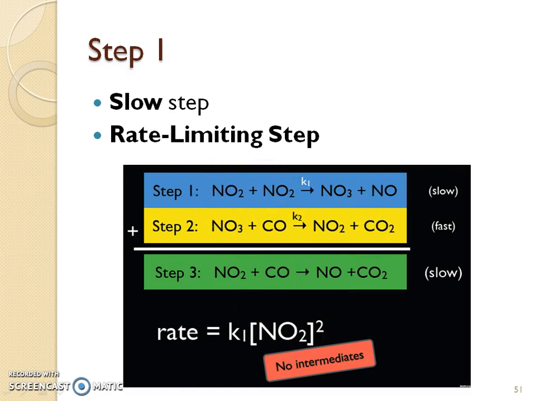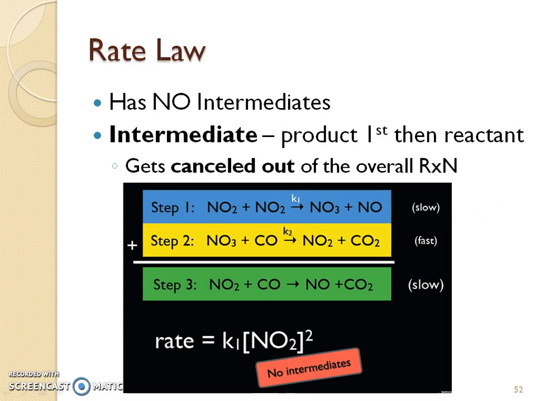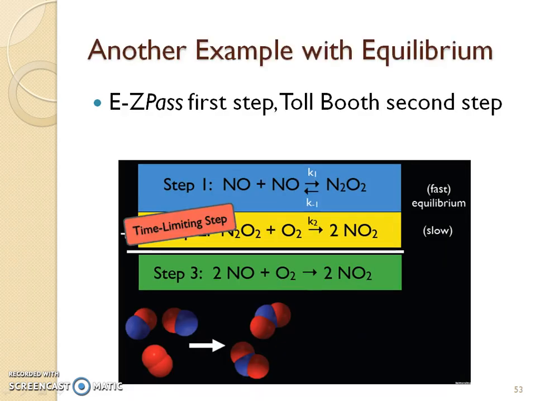That rate law expression is based on the reactants alone. Notice there are no intermediates in the overall reaction or in the rate law expression. I want to remind you that it's always a product first and then a reactant later, and they will cancel out.